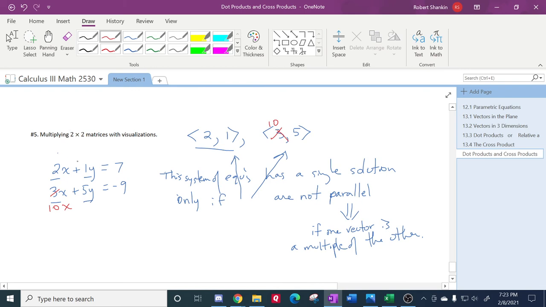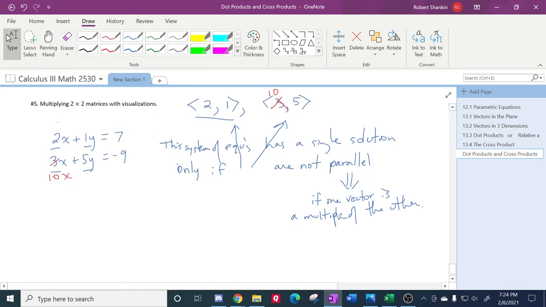And then when you tried to solve by substitution or elimination, if you tried to multiply both sides by -5 up here, all the variables drop out, and it turns out the two lines are either on top of each other, which has infinite number of solutions, or they are parallel to each other, which means you have no solution. The only way you're going to get a single solution is if these two vectors are not the case where one is a multiple of the other. It doesn't have to be a whole number multiple, it could be a fractional multiple.